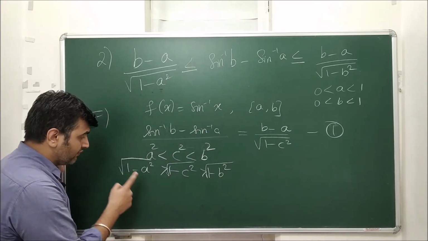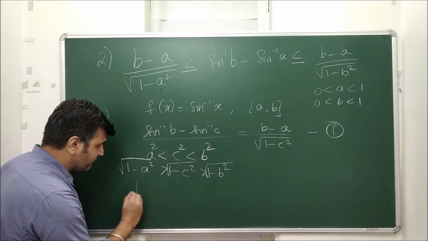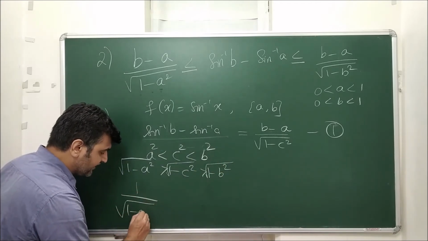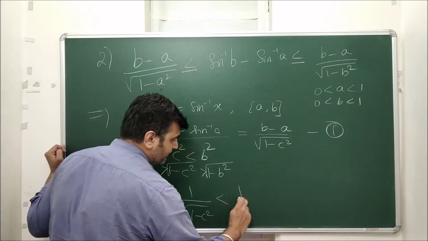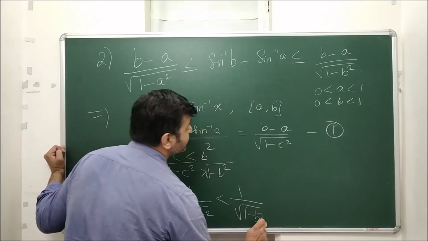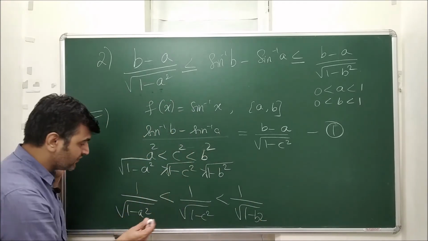So this is what I have. Now when I take the reciprocal, because I want this in the denominator, the inequality will change. So 1 upon root of 1 minus b square is less than 1 upon root of 1 minus c square. Now I have b minus a, a positive quantity.